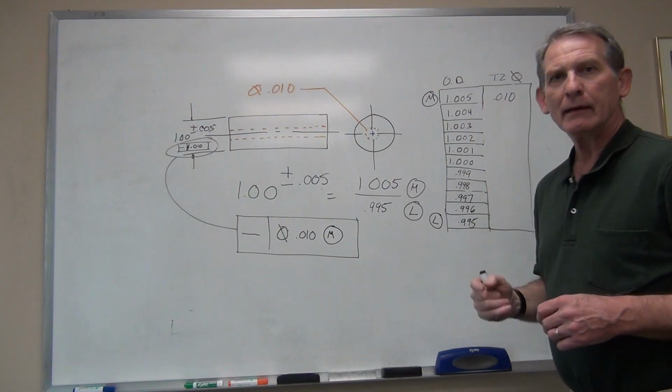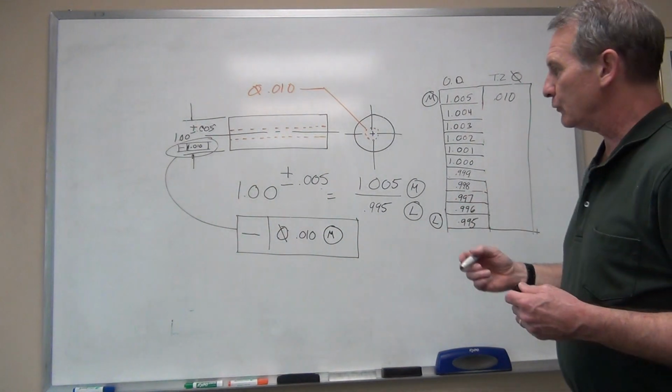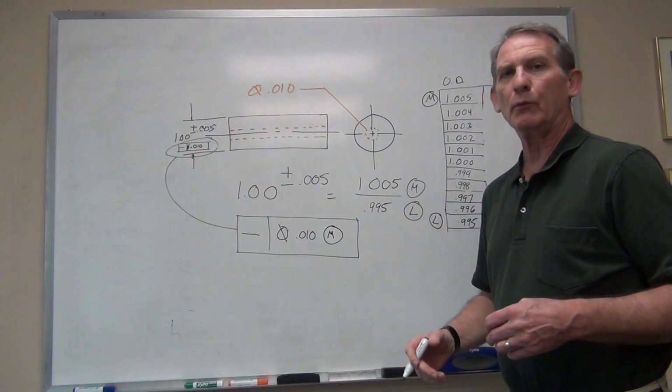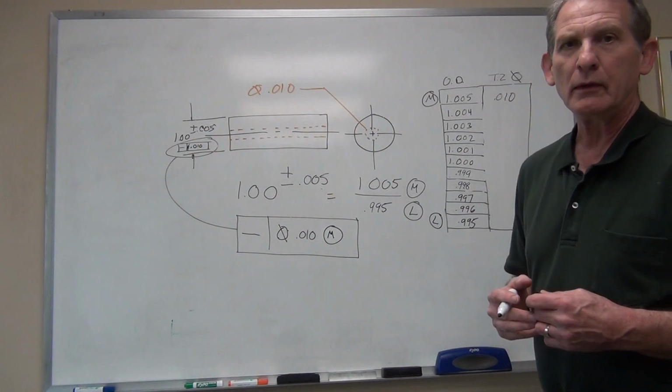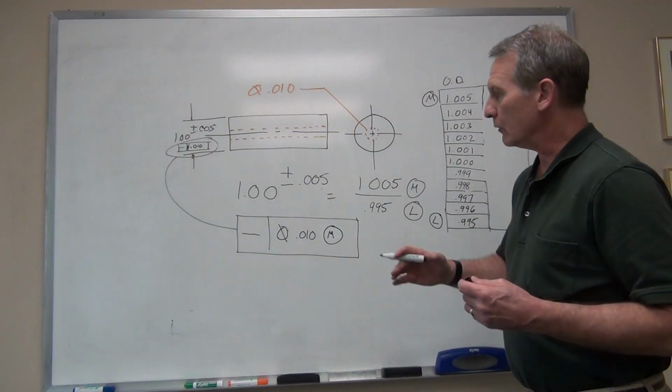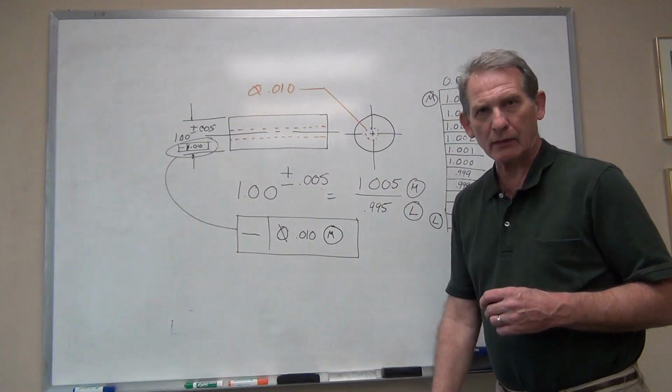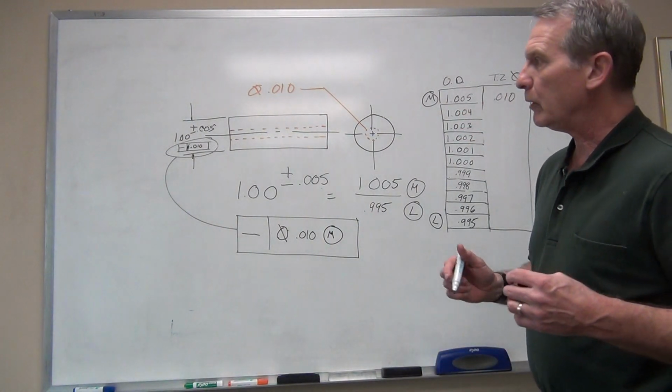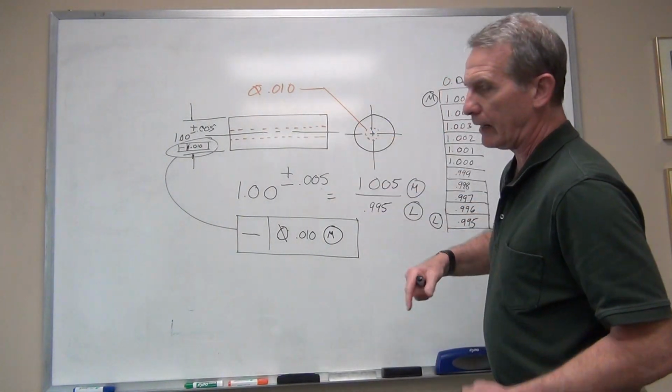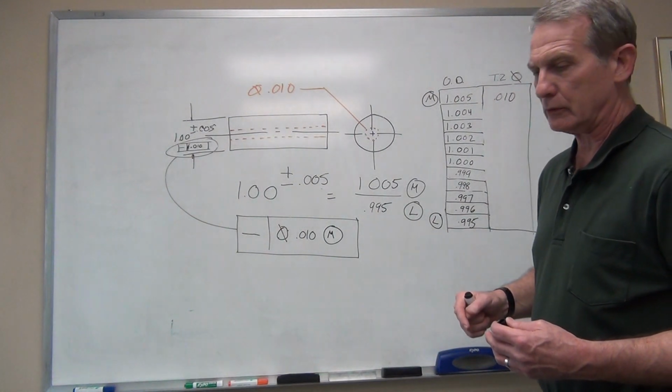In any case where we have a material condition modifier, that will be the smallest tolerance zone that you'll ever have. You'll always have at least 10 thousandths, but that will only apply when the shaft is at its largest, or at its maximum material condition.